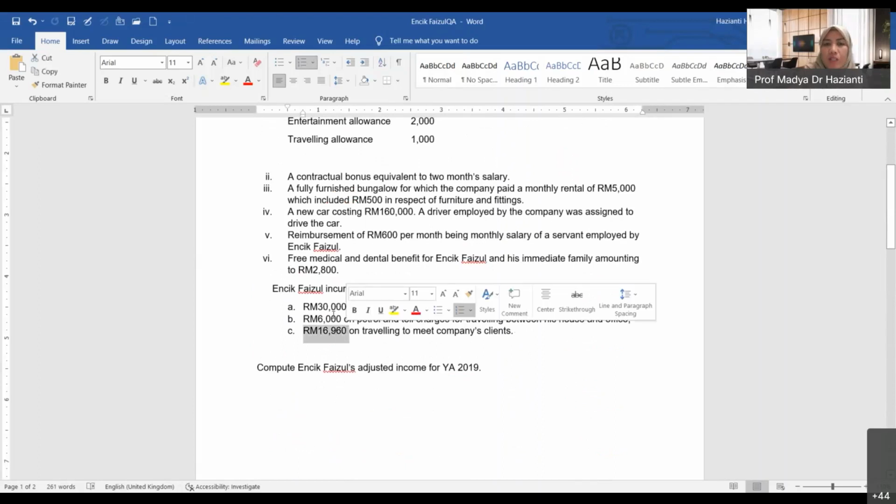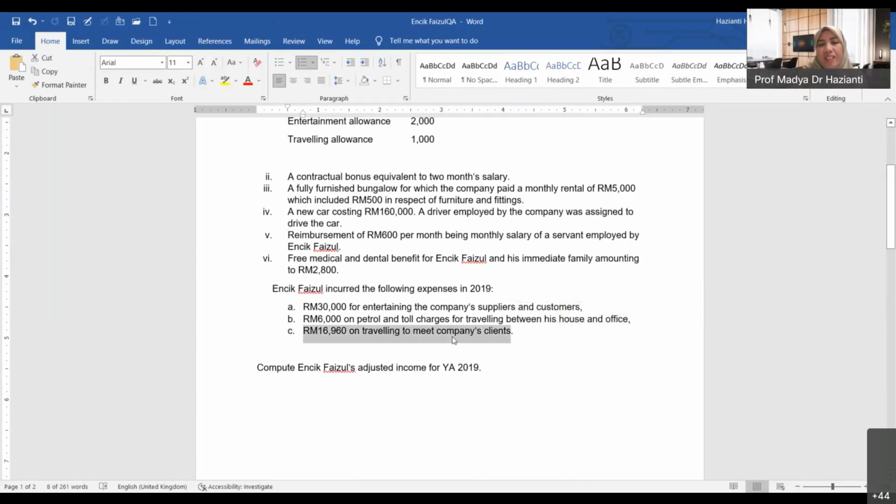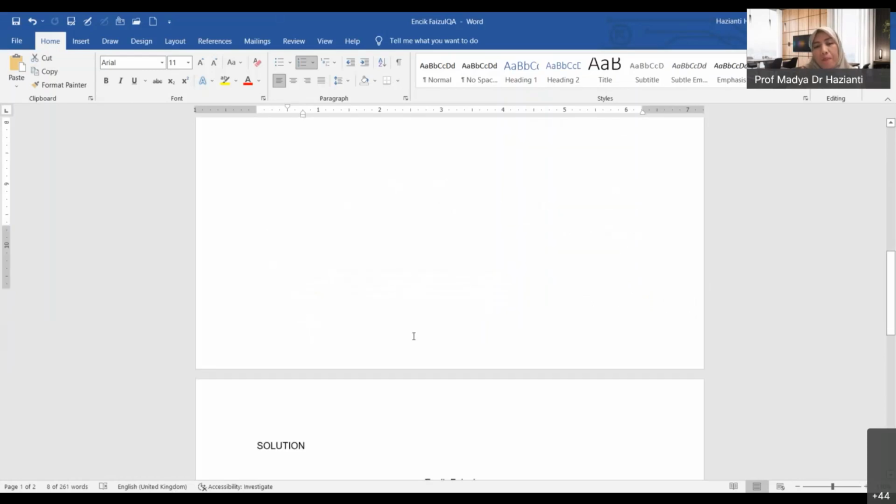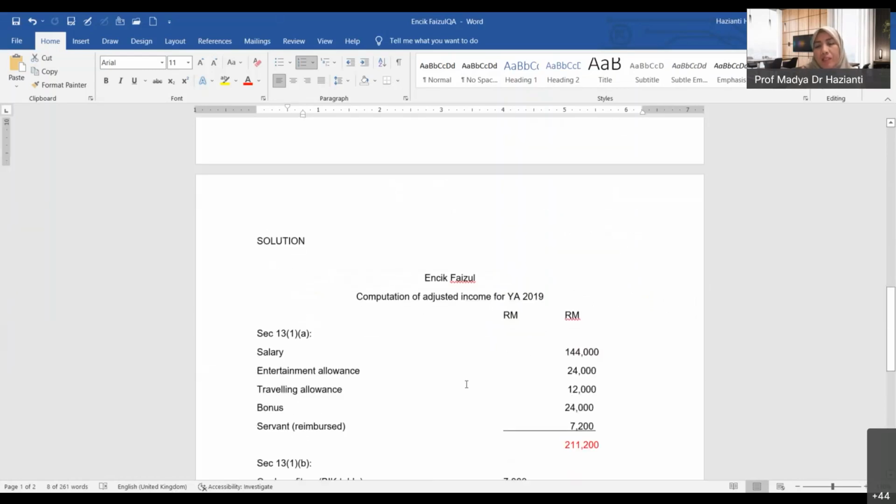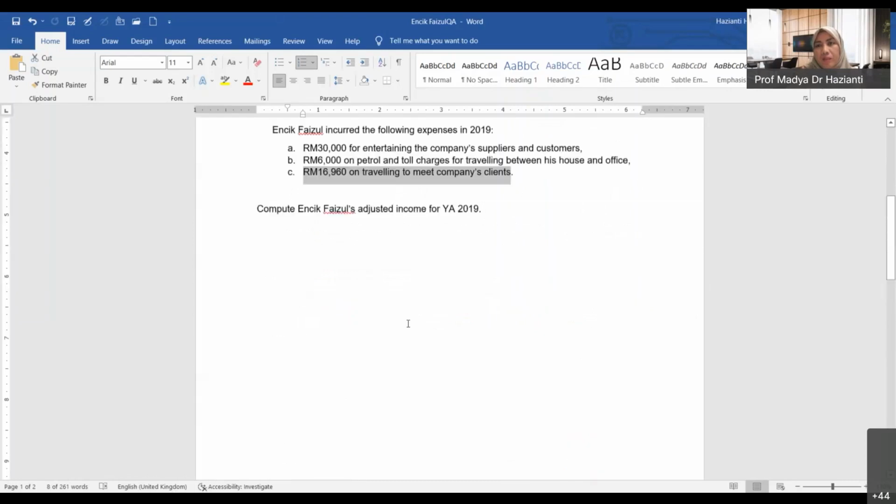Kita ambil yang ni je yang boleh tolak. 6,000 ni nampak, kita tak tolak kat mana-mana pun. 6,000 tu pandai sendirilah daripada rumah kita buat kerja kan, so tak boleh tolak. Company client, yes. So biasanya for travelling ni kita akan mention whether the travelling is for business ataupun for personal use. Kalau kata travelling for personal use, tak boleh. Sebab dia dah dapat travelling allowance kan. Boleh?